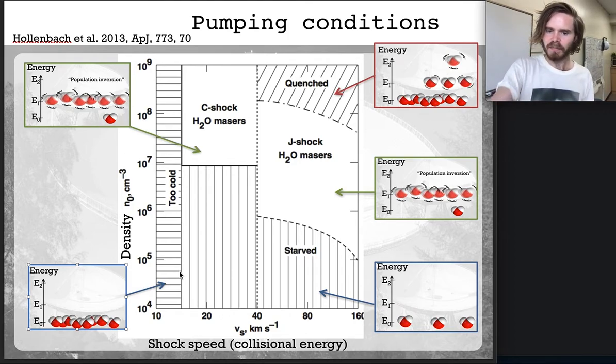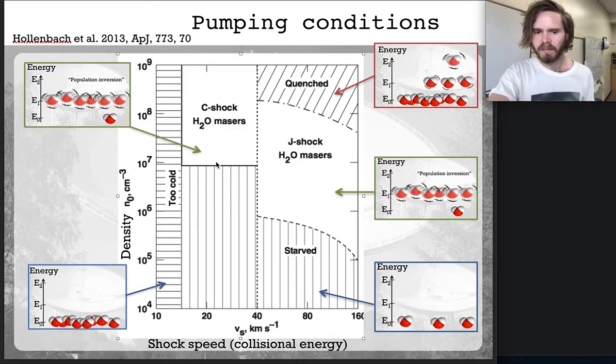Okay. Now, if we were to increase the collisional energy, that's going to take us over this vertical line at about 15 kilometers a second, and then you start to have situations where you have maser emission. So in the square on the top left, the green one, now you have enough shock speed, enough collisional energy to pump the maser emission. You see that it's not masers everywhere.